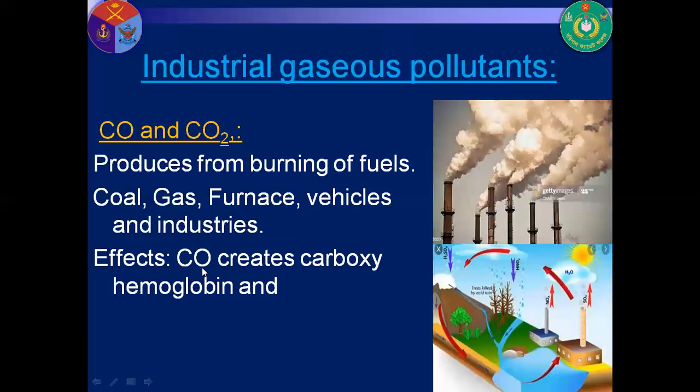It creates carboxyhemoglobin from oxyhemoglobin. It replaces the oxygen from hemoglobin, forming carboxyhemoglobin. And if the percentage of carboxyhemoglobin in our blood increases, it causes death. For this reason, it is called a silent killer.